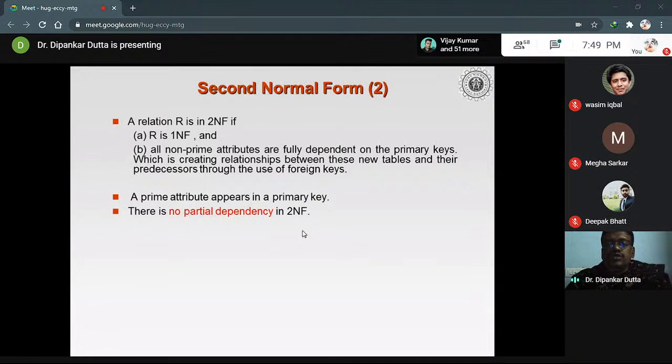Okay, so if it is not in 1NF, then there is no question of second normal form. If it is in 1NF, then we have to check that all other non-prime attributes are fully functionally dependent on primary keys or not. If there is any partial dependency, then it is not in second normal form.